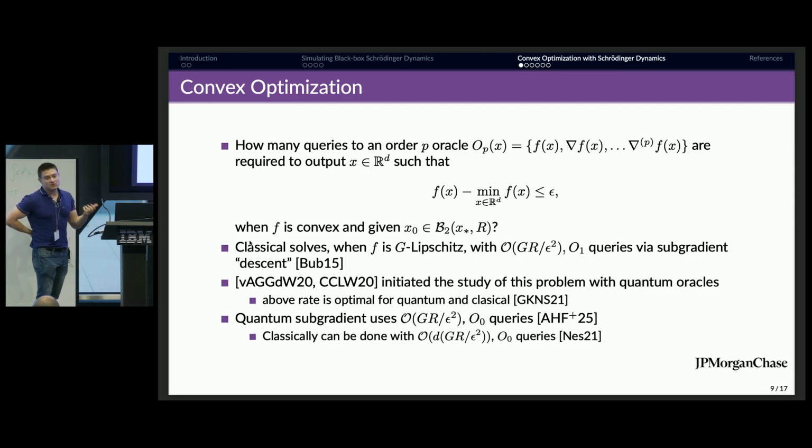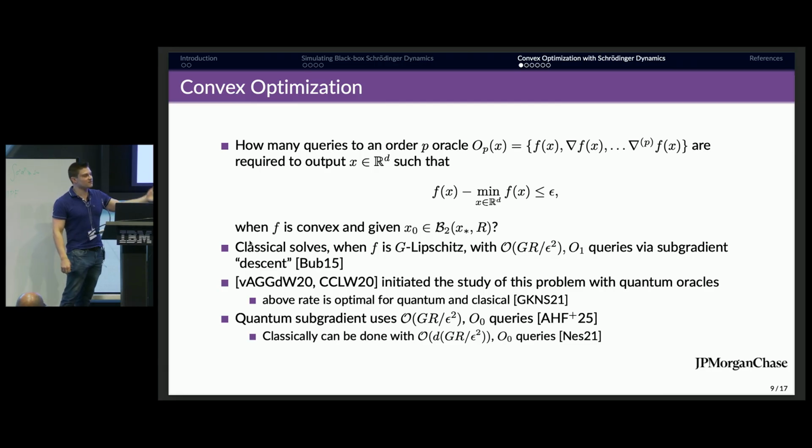A first order oracle will give you the gradient, or in what's called the non-smooth setting the subgradient, which is basically something that acts as a supporting hyperplane to the function. And of course, as you have higher order smoothness, you get higher order derivatives, you have second order methods, and so on. And the goal is to minimize this convex function given some initial point in, let's say, an L2 ball of radius r.